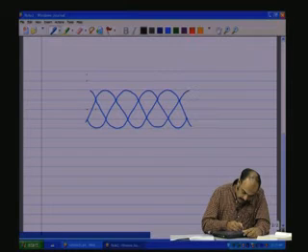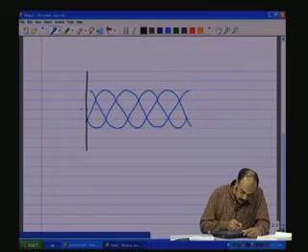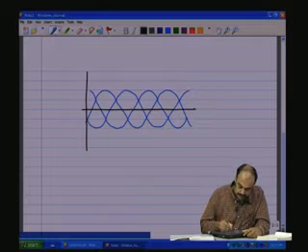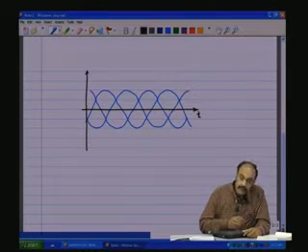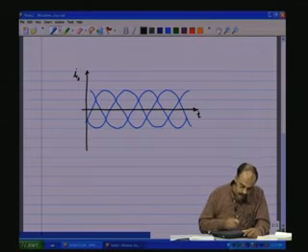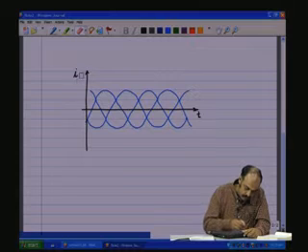So, let us say IA lags the line voltage by 30 degrees. This is time. These are the three phase currents, I's.